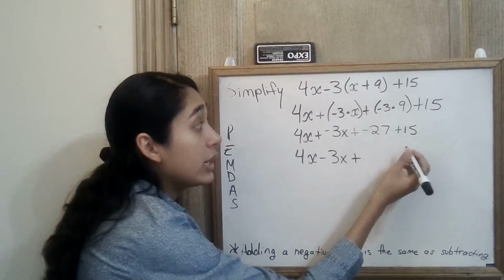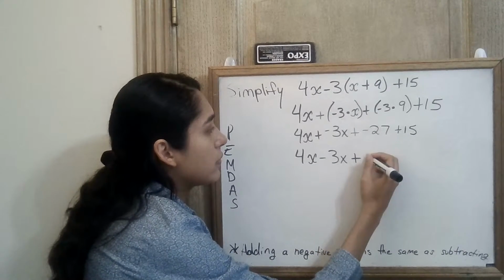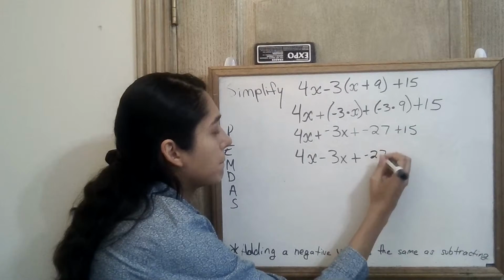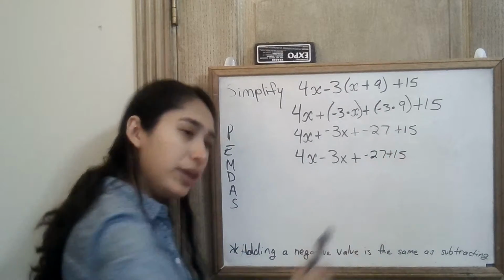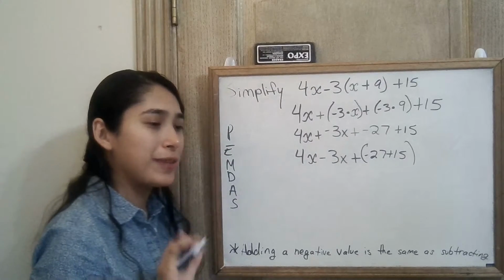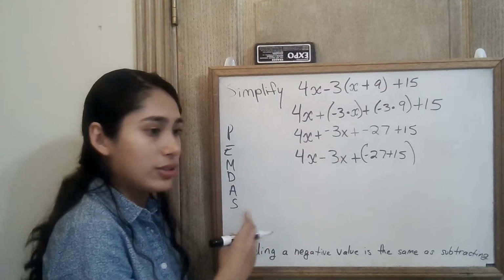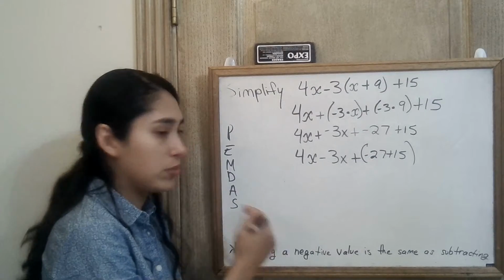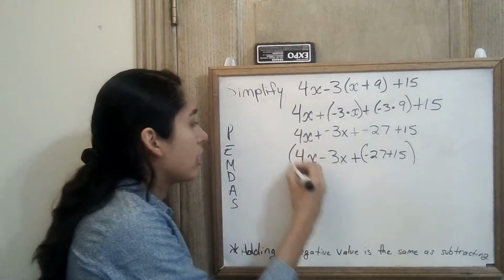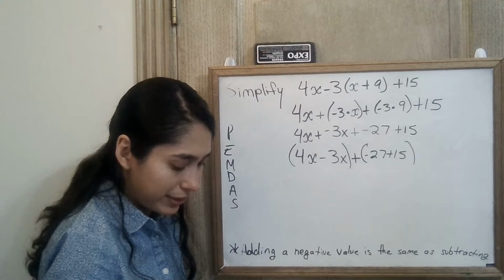And well, what do you know? These two terms happen to be right next to each other, and x's are x's. It's not x squared with x. They're both x's to the same power. I can just combine these together. That's pretty cool.